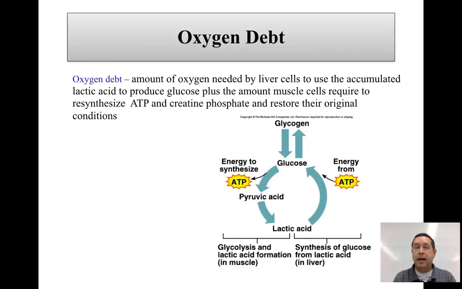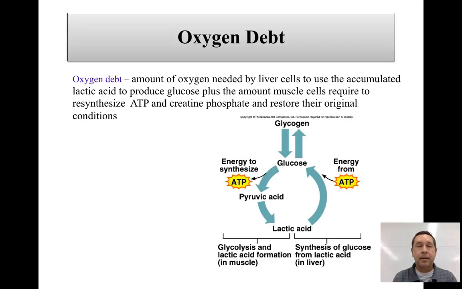When oxygen is not available, the cell only does glycolysis, and then that pyruvate is converted into lactic acid. That lactic acid is a toxin, so we have to get rid of it. When muscle cells don't have enough oxygen, they go into what's called oxygen debt, and a debt is something you have to pay back.